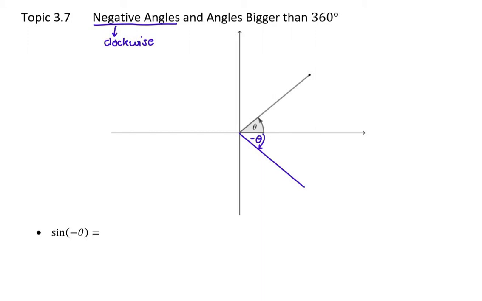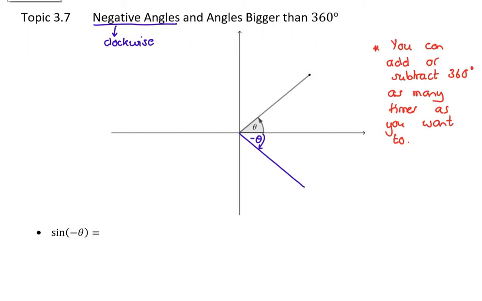Now the idea of this whole topic is the following, and I've written it in there as a note. The idea is you can add or subtract 360 degrees as many times as you want to. So if it helps to add 360 degrees, then add 360 degrees. If it helps to subtract 360 degrees, then subtract 360 degrees.